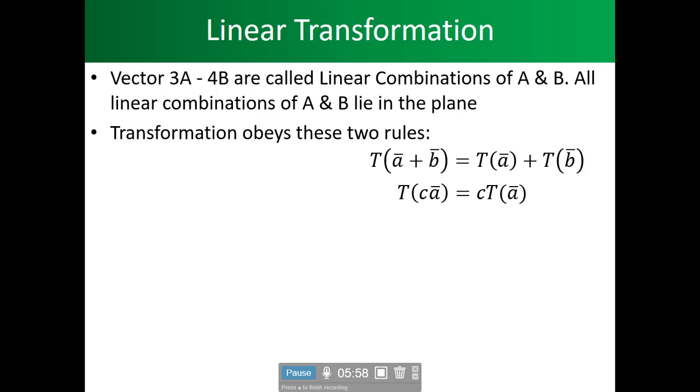Now, when you connect one vector to another, you connect the tail to the head of the other one, and that's how you add them. And if you subtract them, it goes the other way.